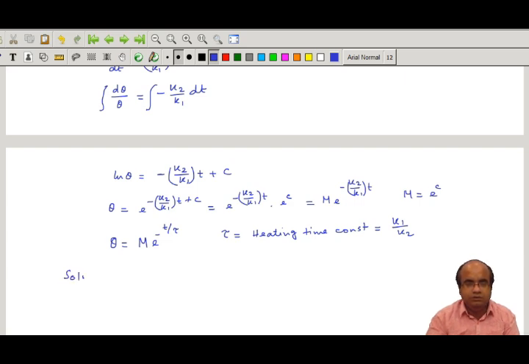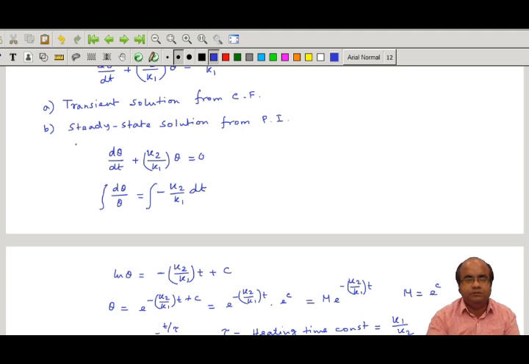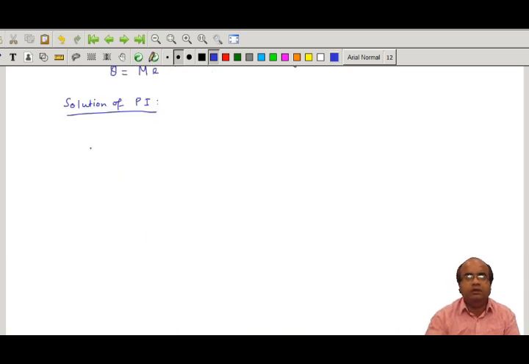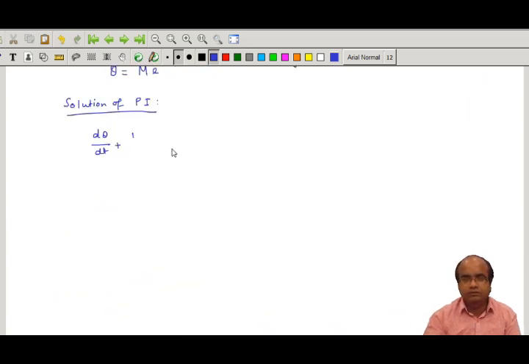Now the previous one is the solution of the CF. This is the solution of the particular integral.